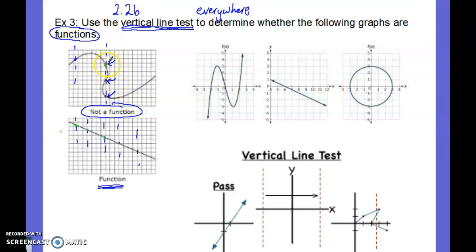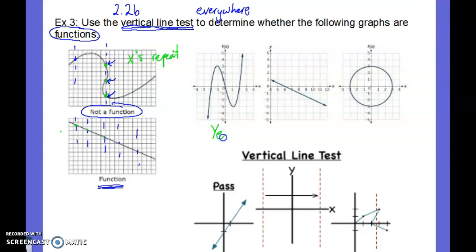If we look at this x value, and this x value, they're all the same, so the x's repeat. And when the x's repeat, it is not a function. So as we look at more vertical line tests, do any x's repeat? If you draw a vertical line, is it going to hit the graph more than once? Well, it's not, so this is a function.